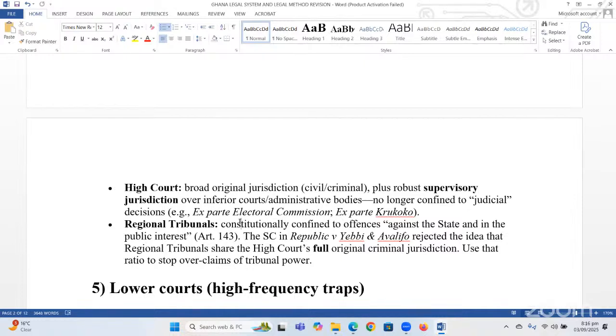But the regional tribunal, if you look at the thinking of the framers of the Constitution, and as Yebi and Avalifo also pointed out, does not really share the High Court's full original criminal jurisdiction, and its jurisdiction is limited as conferred by the Constitution.